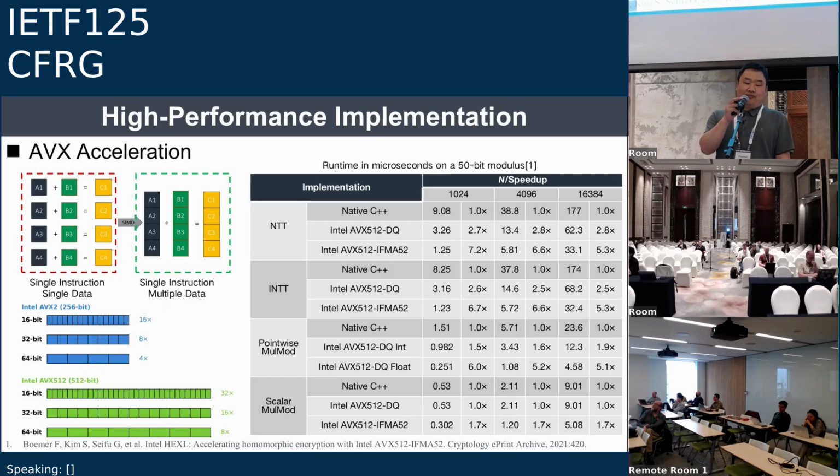And very similar to the performance of AI, the performance of FHE also benefits from the progress of hardware, such as SIMD instructions. For example, with the help of AVX instructions, we can get nearly 10 times speedup for several implementations.